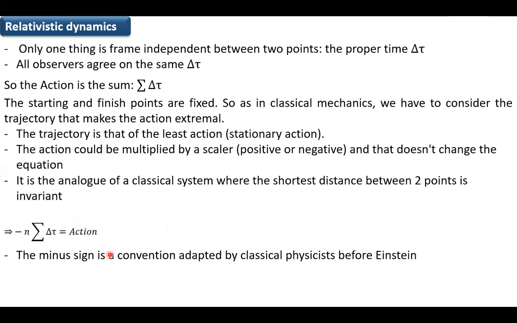The minus sign here doesn't have any physical meaning. It's just a convention that was adopted by classical physicists even before Einstein, before relativity. We will use this convention to find the classical equations when we are moving at very small velocities.